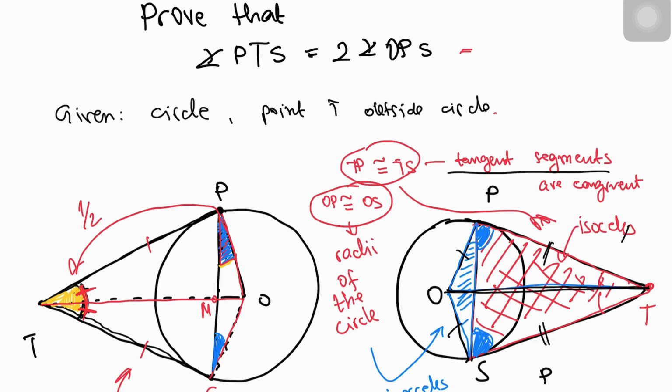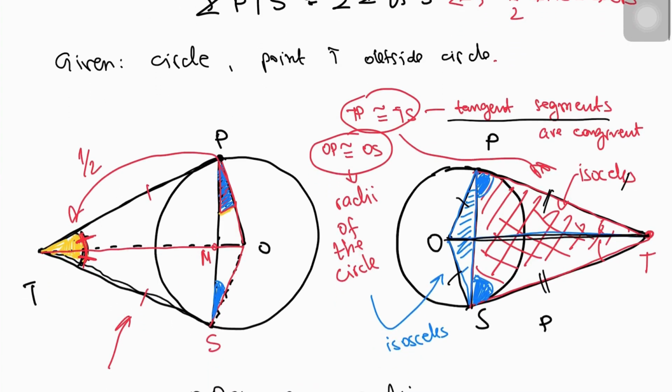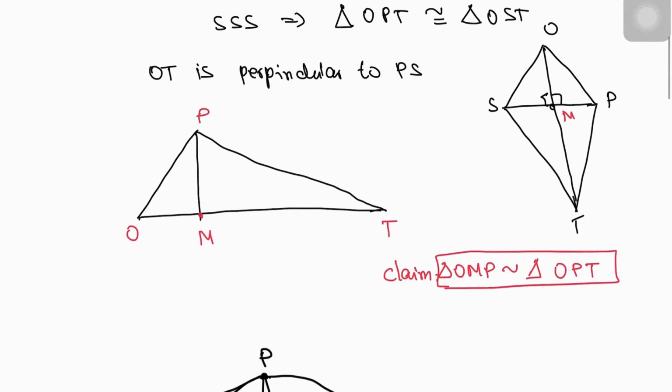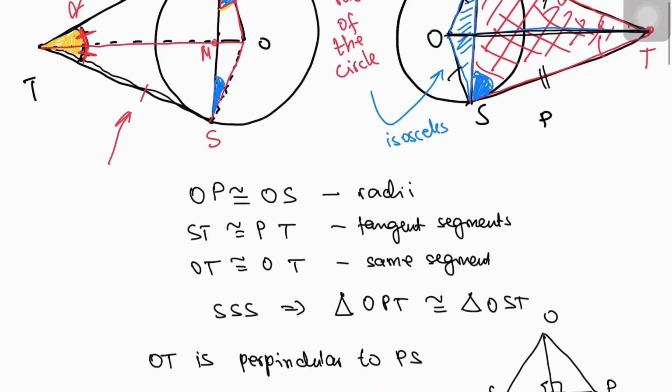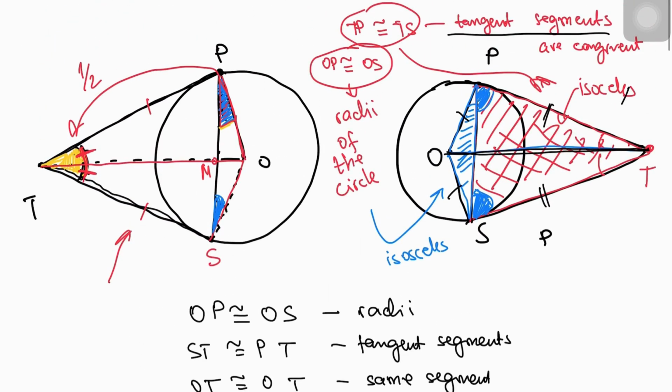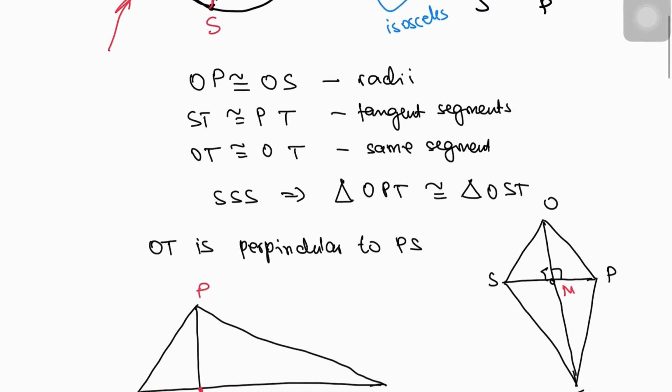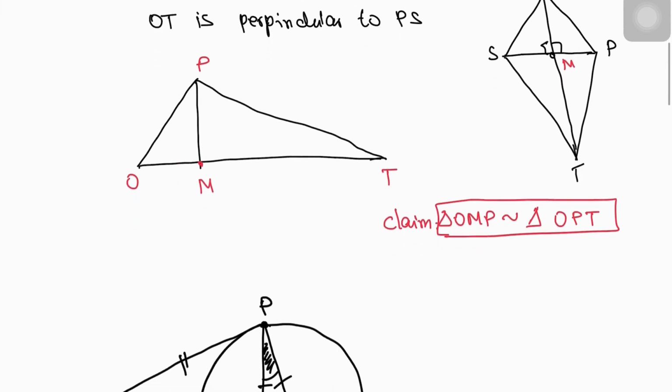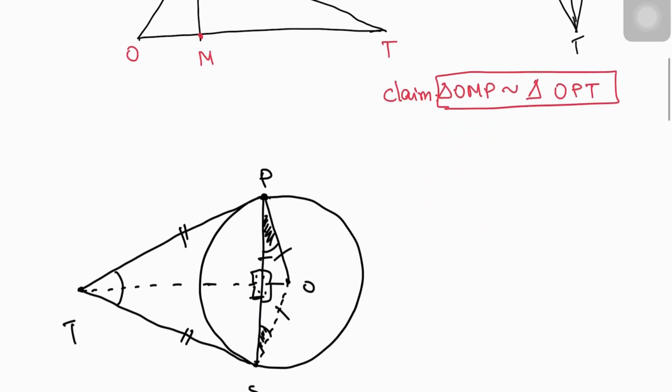So this is the same as 1/2 PTS equals angle OPS. Angle OPS is the same as angle OPM. So this is one way, not the only way, and maybe not the most obvious way to prove it, but again we can prove it.